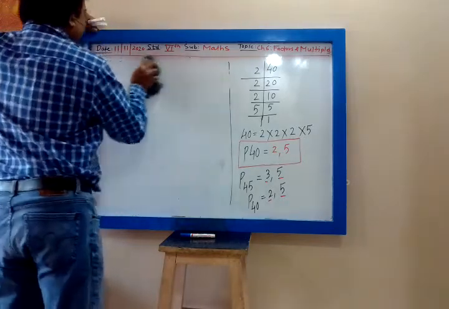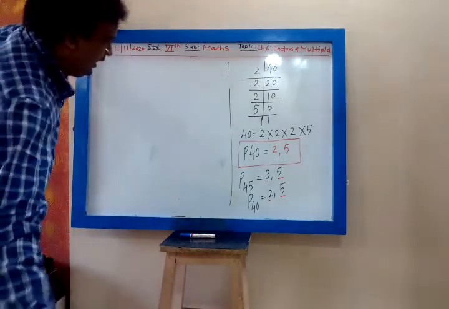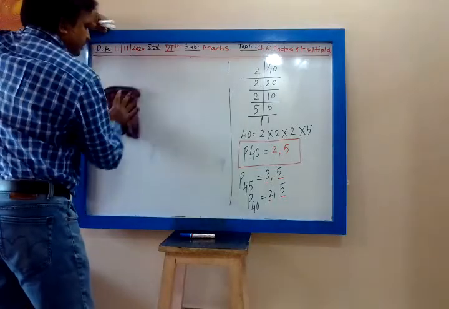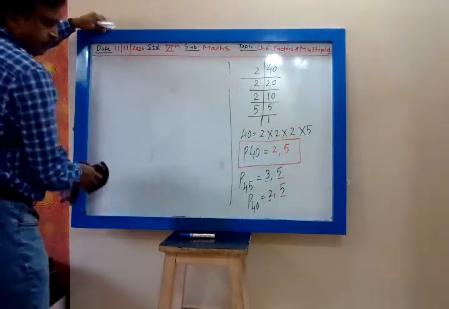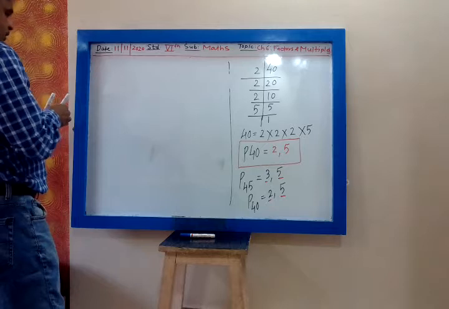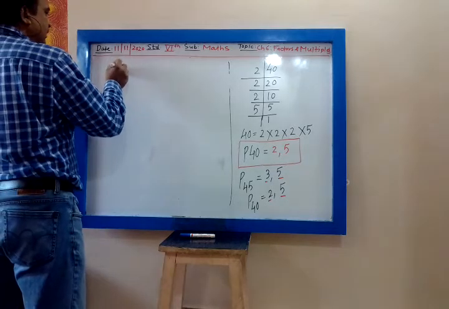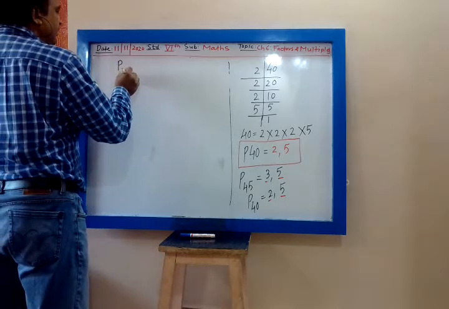Now we take the union. Wait. Now what we do? We write P45 union P40.